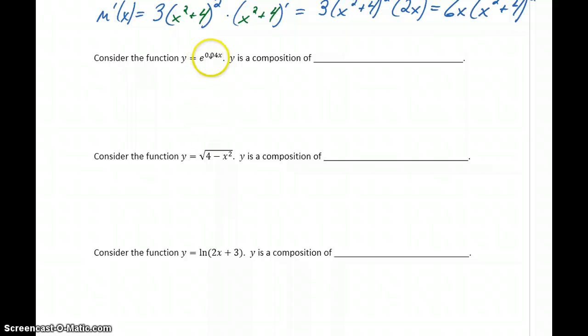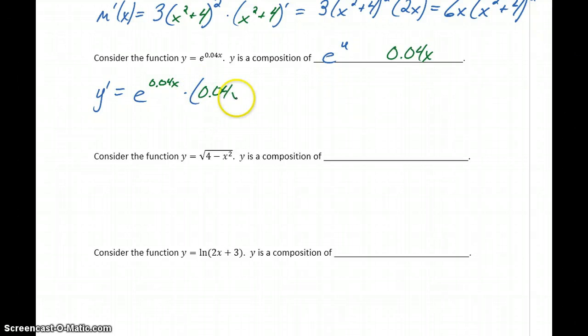So when we look at the function e to the 0.04x, this again is composed of e to the u and 0.04x. So if we want to find y prime, the derivative of y, since e to the u is that outer function, we're going to take the derivative of this like it was just e to the x. So the derivative is going to be e to the 0.04x times then the derivative of 0.04x.